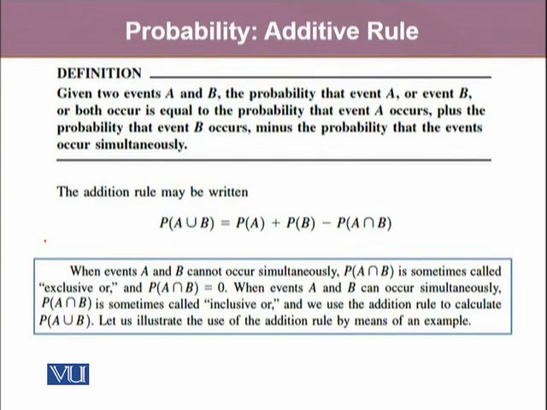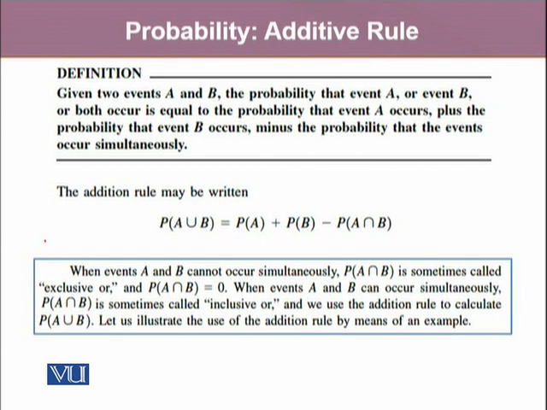There is a general definition for the additive rule of probability: given two events A and B, the probability that event A or event B or both occur is equal to the probability that event A occurs plus the probability that event B occurs minus the probability that the events occur simultaneously. This can be written as the probability of A union B, where union is the OR operator, equals the probability of A plus the probability of B minus the probability of A intersection B, where A intersection B is the probability of the joint occurrence of the events.